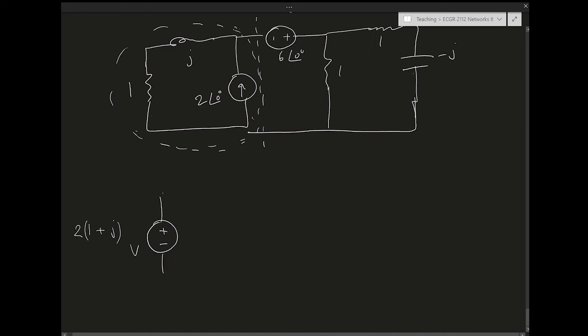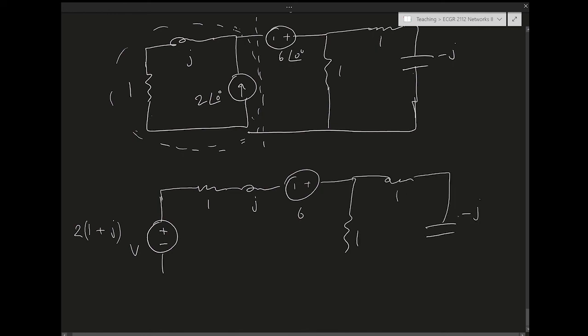And then the impedance in front of this voltage source is going to be the equivalent impedance of this Norton circuit, so it's going to be 1 plus j. So I'm going to have 1 and again j, and then plus 6. Then I have 1, and 1 minus j, right?